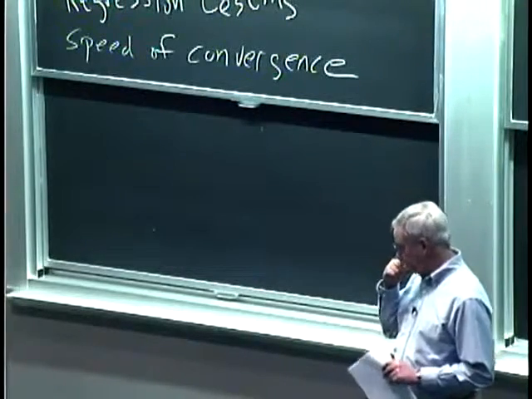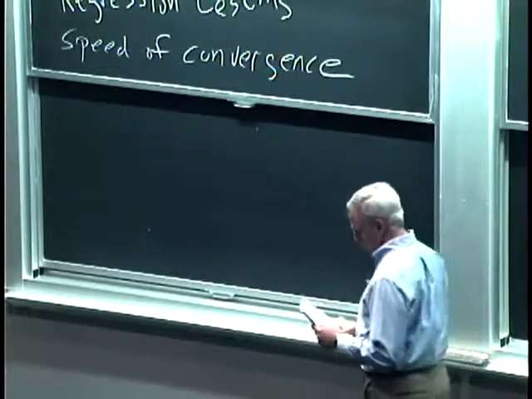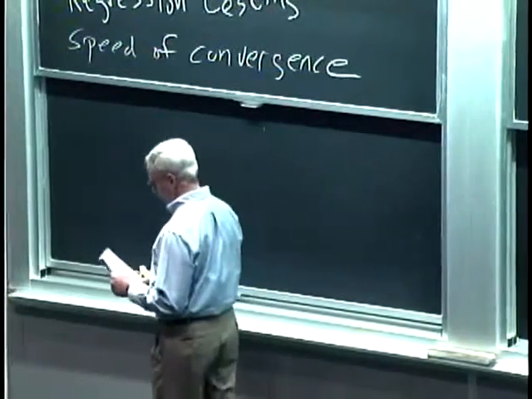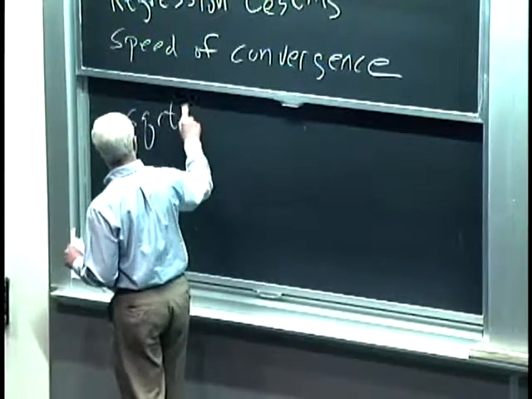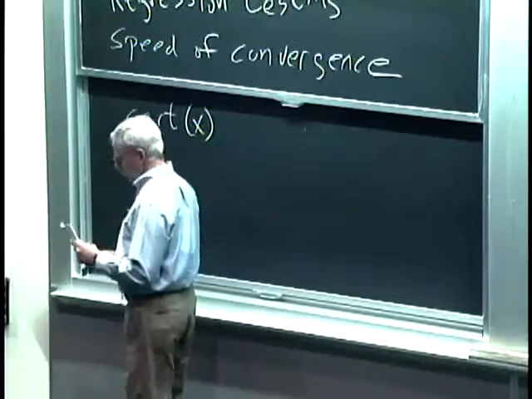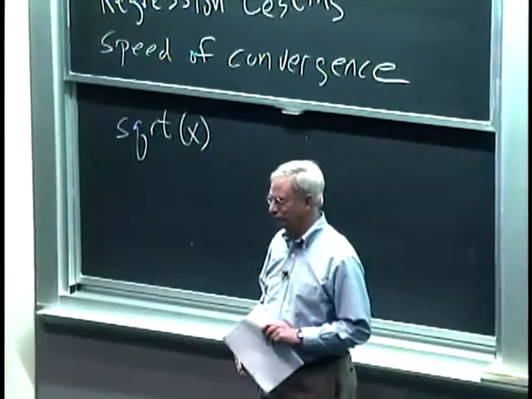So let's think about what we're actually doing when we solve this. When we look for something like the square root of x, what we're really doing is solving an equation.